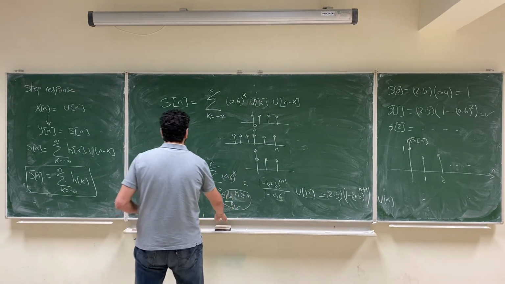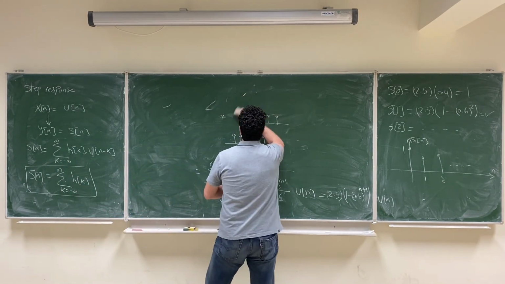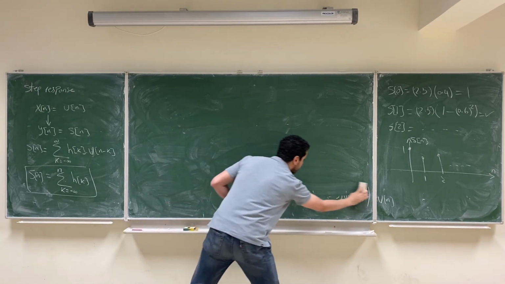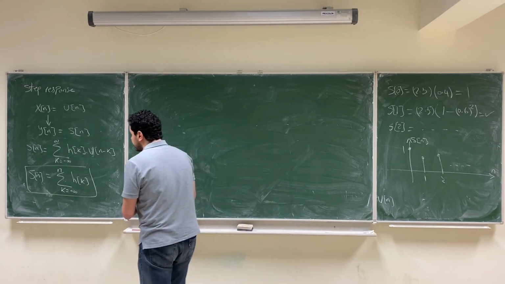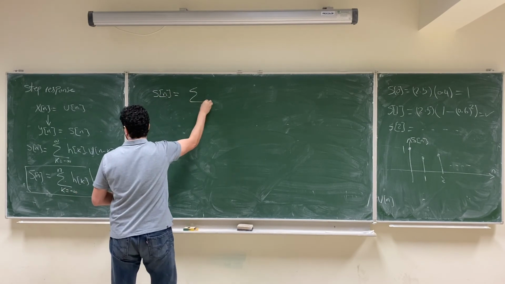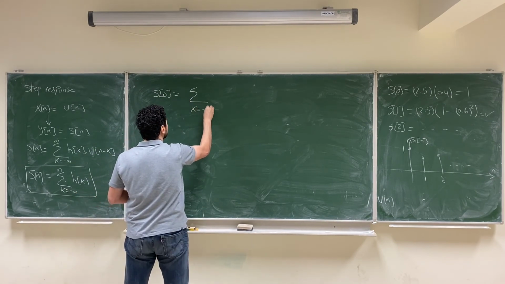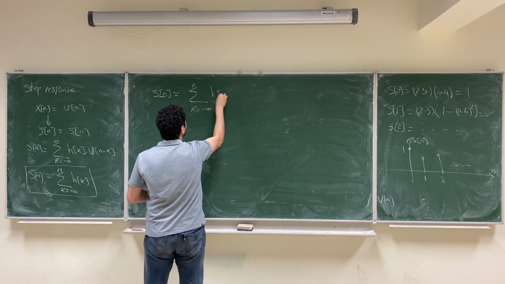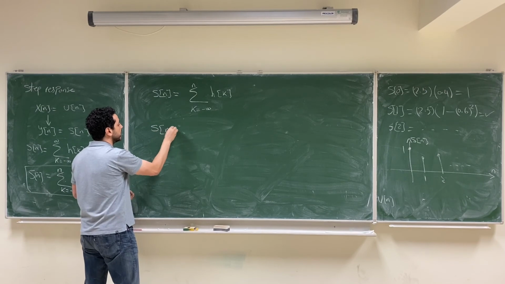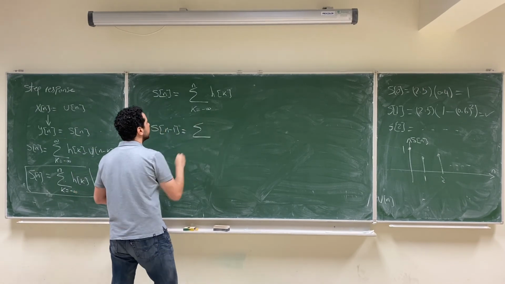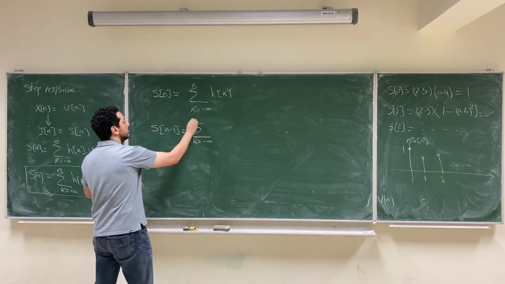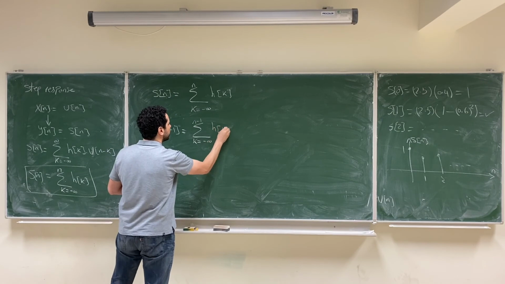Using this result, we can say also that since the step response at n is the summation from k equals minus infinity to n of h[k], now let's define also s[n minus 1] to be the summation from k equals minus infinity up to n minus 1 of h[k].